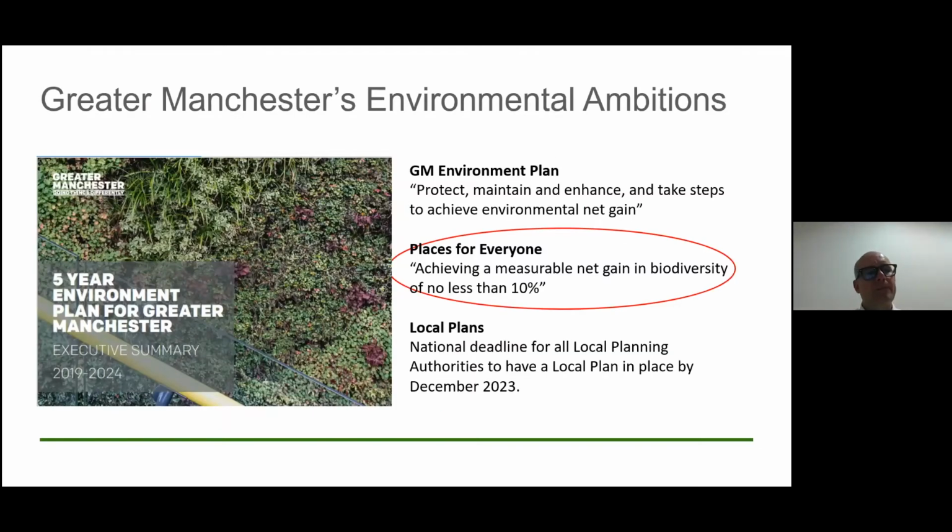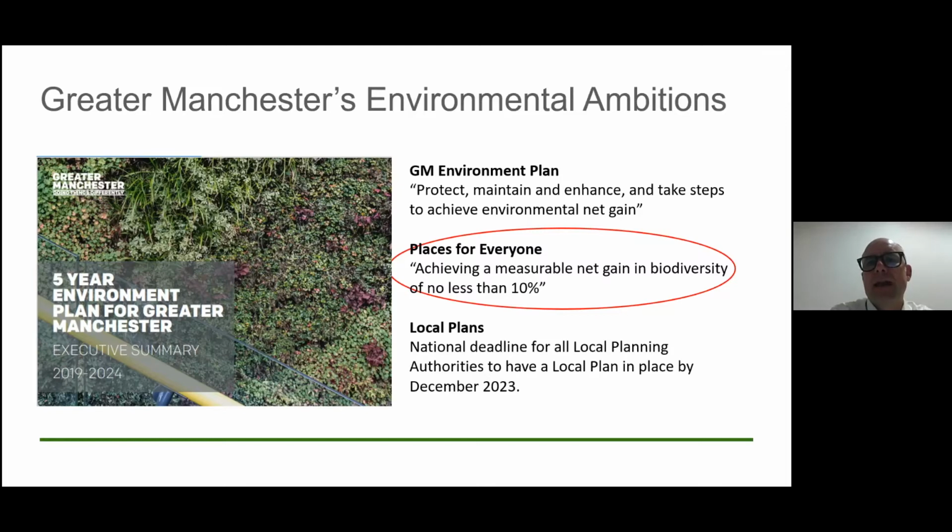And I mentioned before our journey and the policies that we've been producing in Greater Manchester. We have overarching policies. We have the 5-year GM environment plan, which sets out a key ambition to protect, maintain and enhance our natural environment and to achieve environmental net gain.